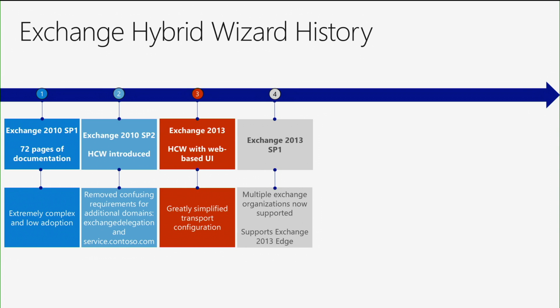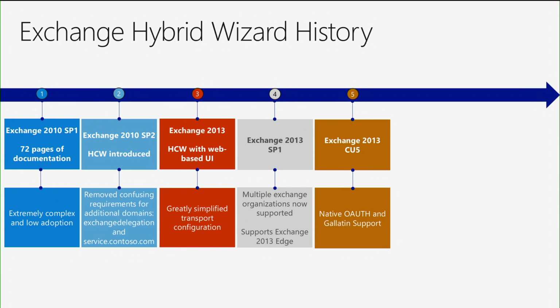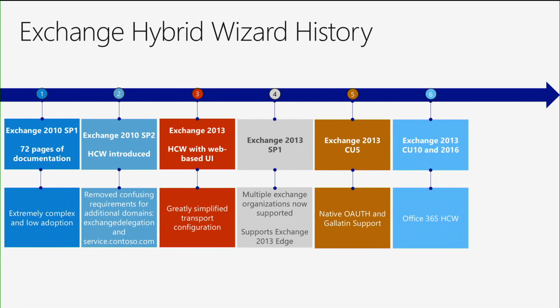In 2013 SP1, we added support for multiple on-premises Exchange organizations, which is a key thing that customers had been asking us for. In 2013 CU5, we added support for Gallatin, which is our sovereign cloud in the China region, as well as support for OAuth authentication.